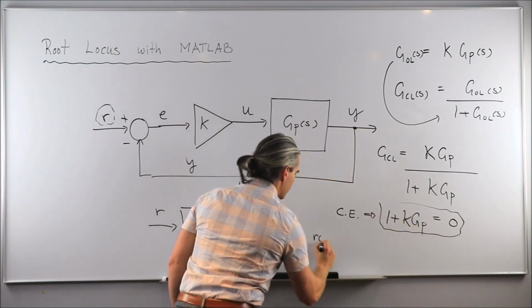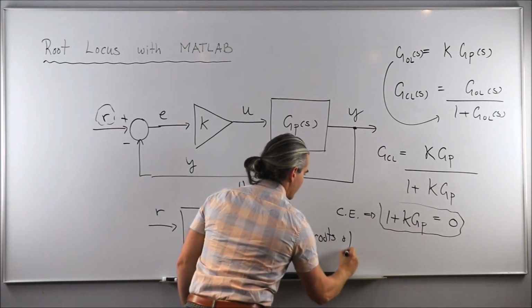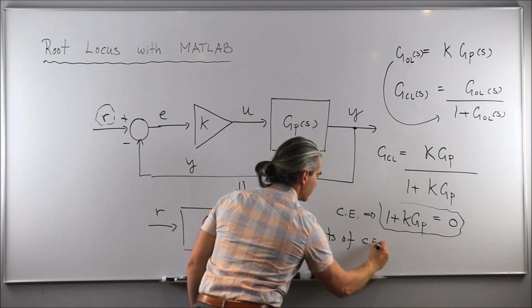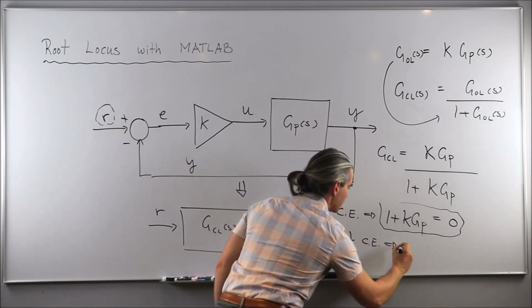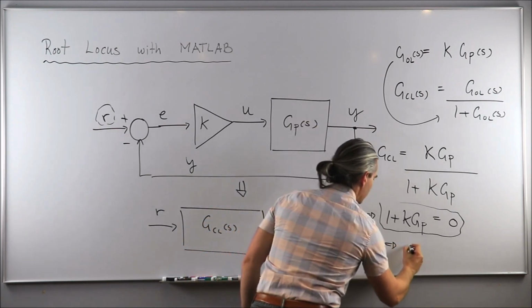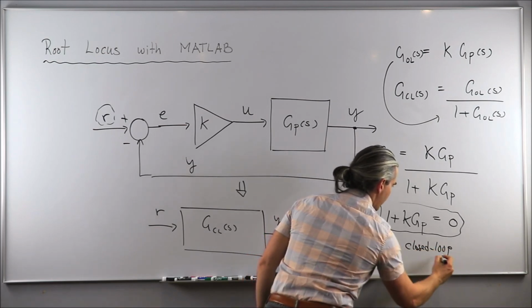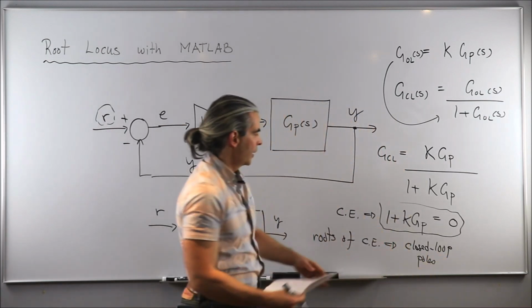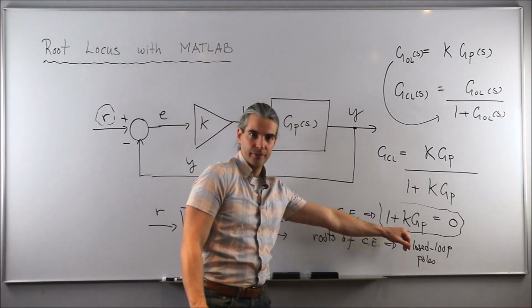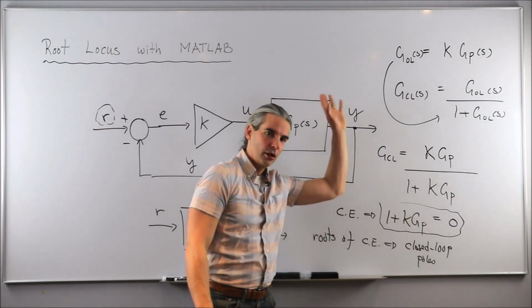Okay? So the roots of our characteristic equation actually correspond to the closed loop poles for various K values, from 0 all the way to infinity.